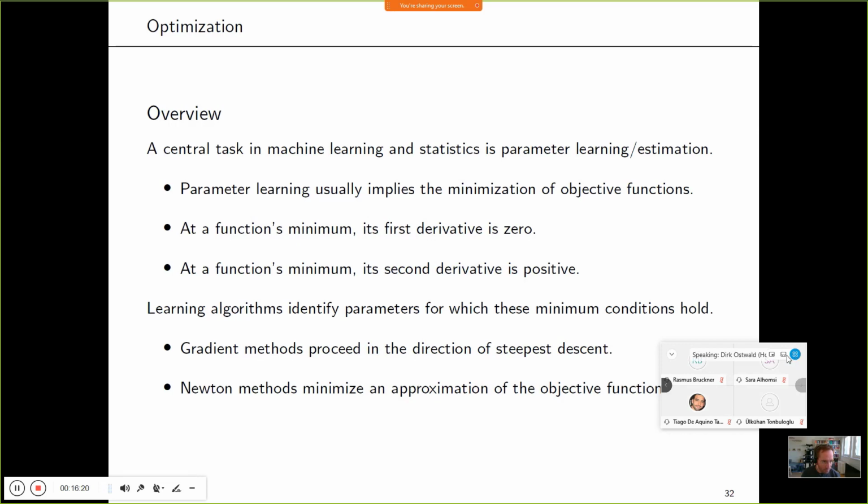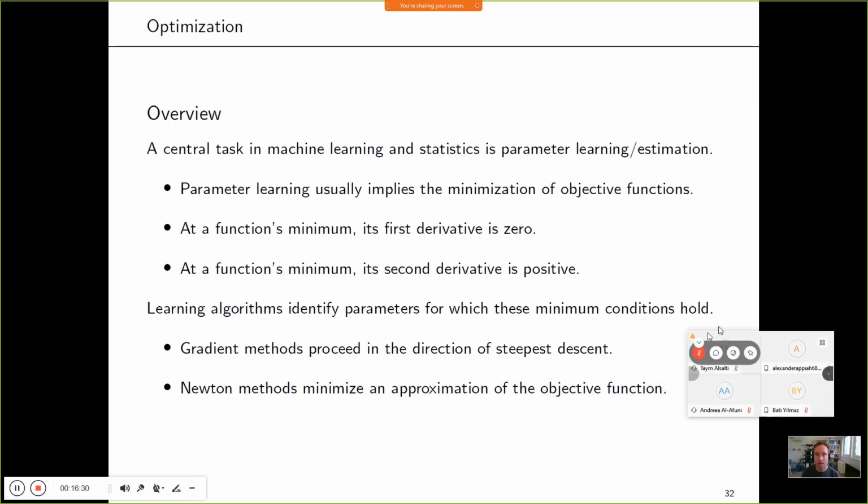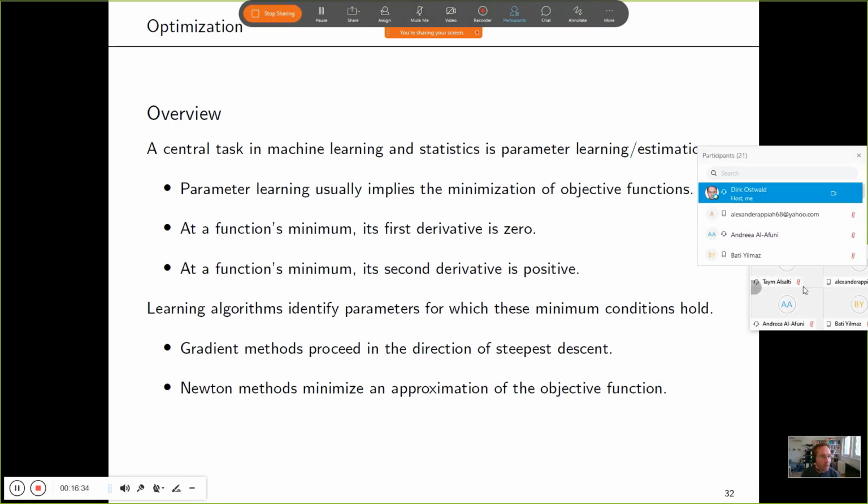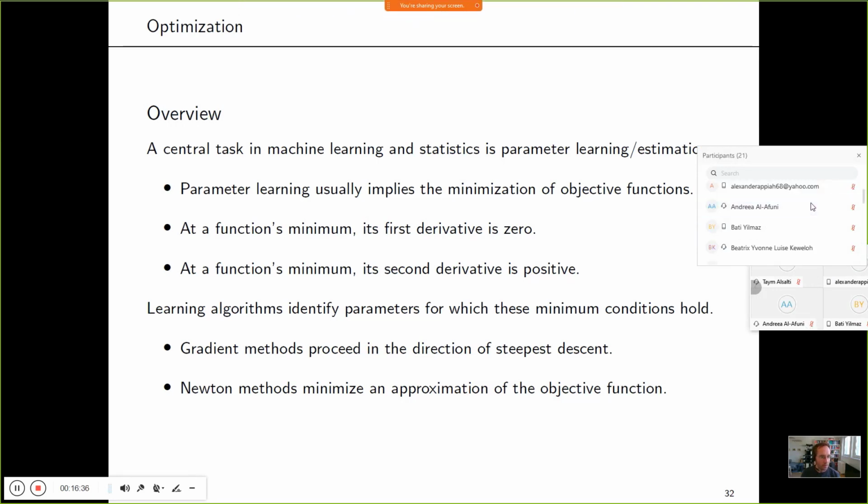Not the grid view. Anyway, this is what I want. So, any questions? No. Good.